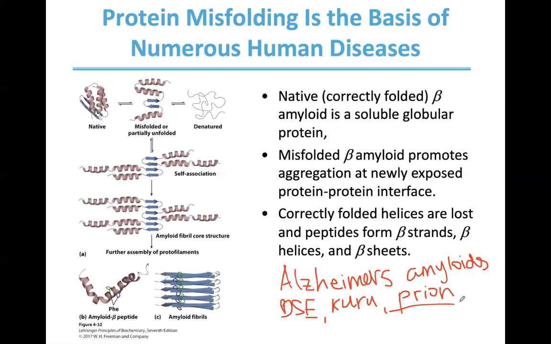But prion diseases are still some of the most challenging areas to investigate. So we still don't understand a lot about these prions and how specifically these infections are transmitted from one patient to another. Kuru, prion. There's a sheep, scrapie.